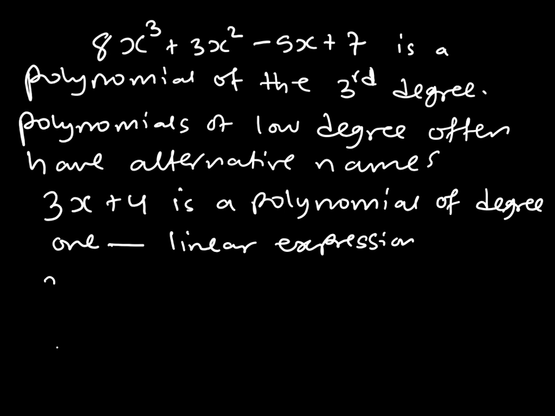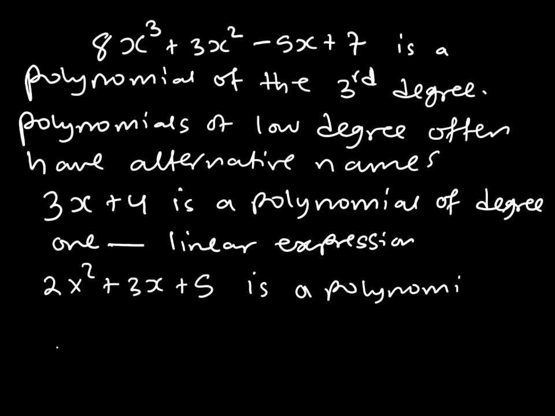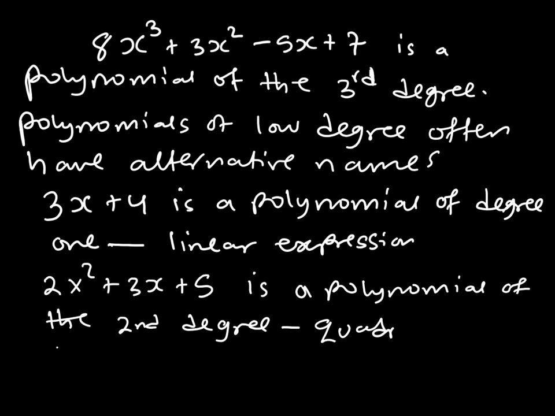If you have 2x squared plus 3x plus 5, is a polynomial of the second degree. And the second degree polynomials are called quadratics, okay?